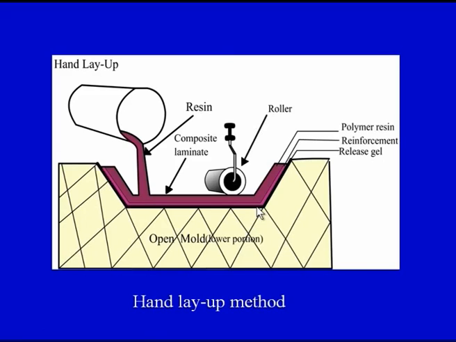So the 3 or 4 important steps are the putting up of the release gel, the putting up of a thin plastic sheet in order to facilitate the easy removal of the composite product, and then we can even apply certain gel coats also, if required, depending upon the surface finish required, and then we will put the alternate layers of resin and reinforcement, and finally we will get the composite product.